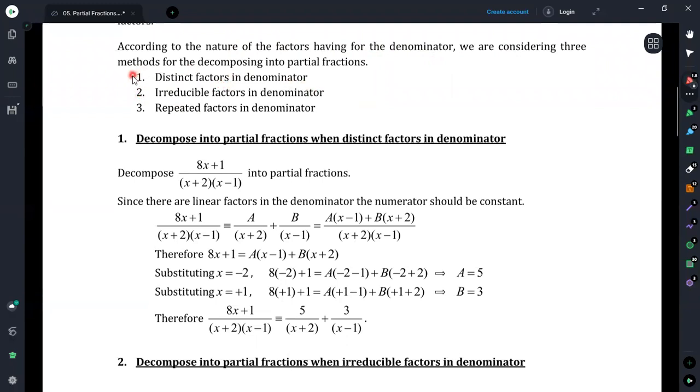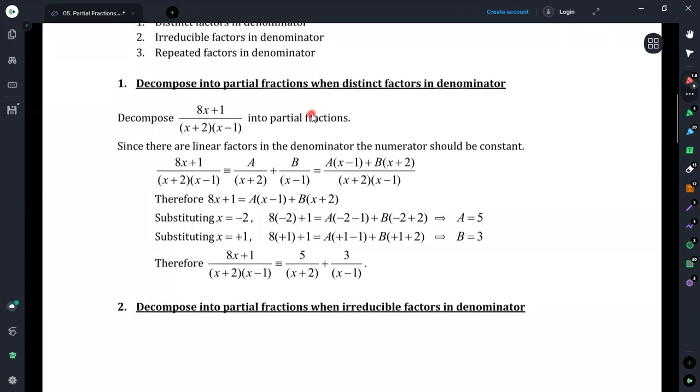Therefore, according to these three natures of the factors of the denominator, we are defining those three methods. The first one is distinct factors in the denominator. Next one, irreducible factors in the denominator, then repeated factors in the denominator.